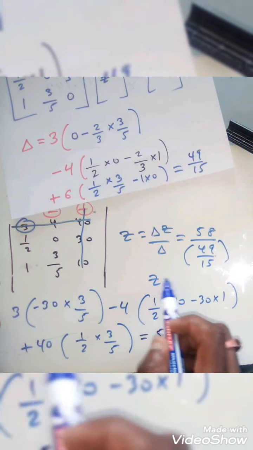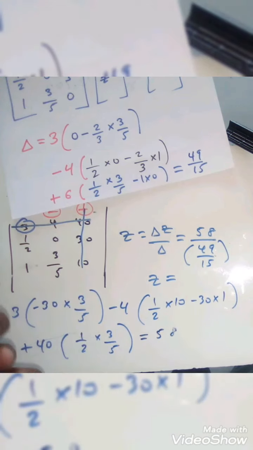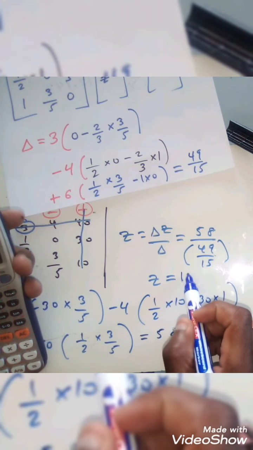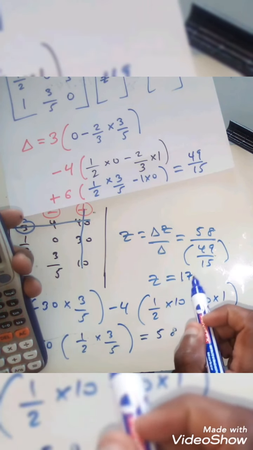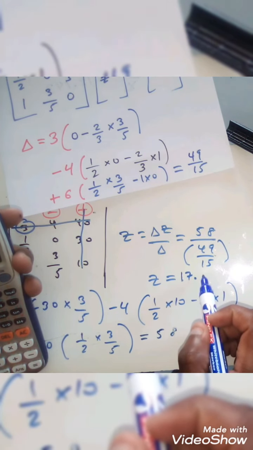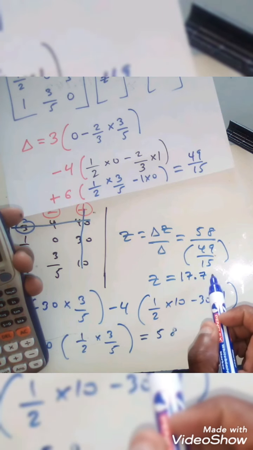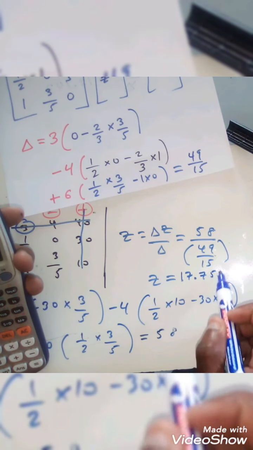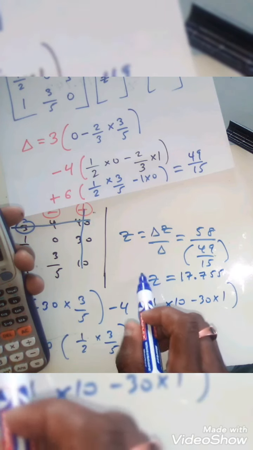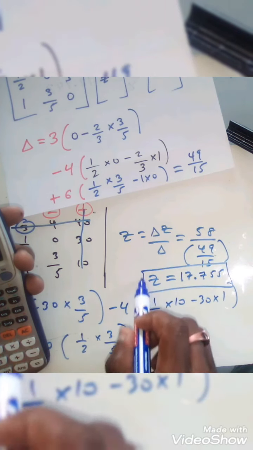So Z, using my calculator, is going to give me 58 divided by 49/15. And then my solution is, now I can write it in decimal notation. So 17.755. Let me just write it like that. So this is my value of Z, and this is how you solve.